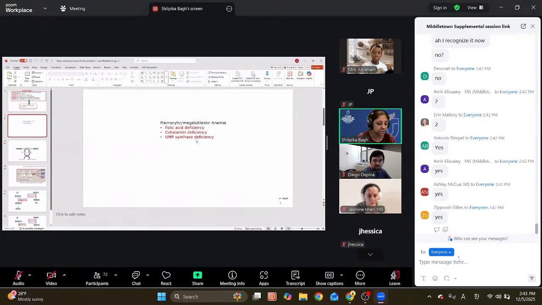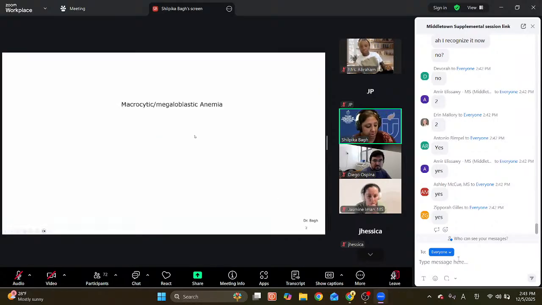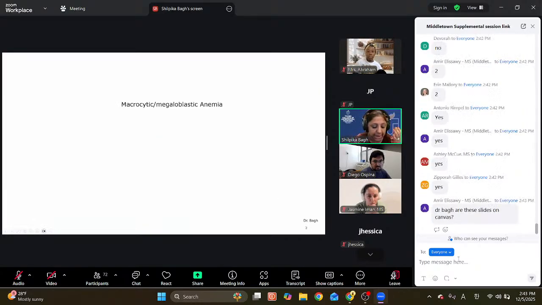Let's see folate versus B12 deficiency. Because when I asked you, UMP synthase deficiency megaloblastic anemia is not because of folate or cobalamin. Are you clear with that? Megaloblastic anemia in UMP synthase deficiency is because UMP is not available. Does that make sense?